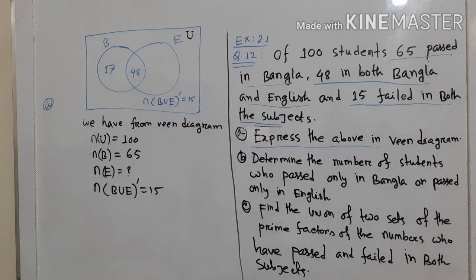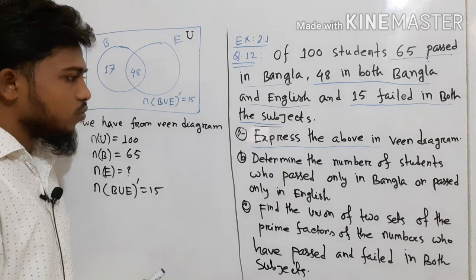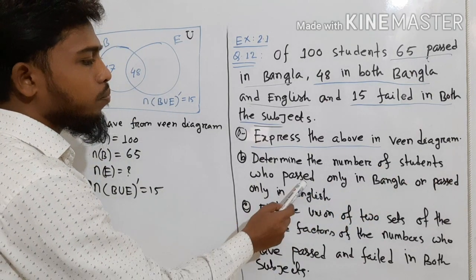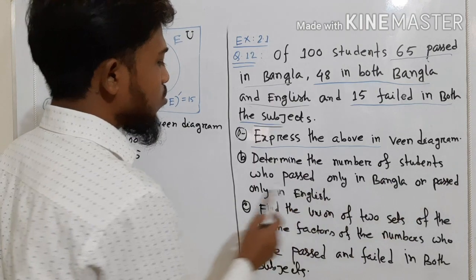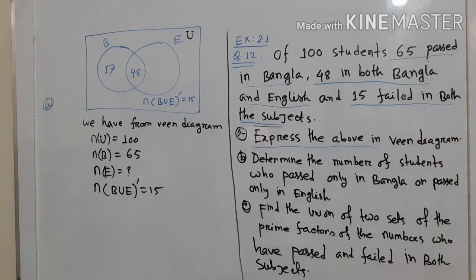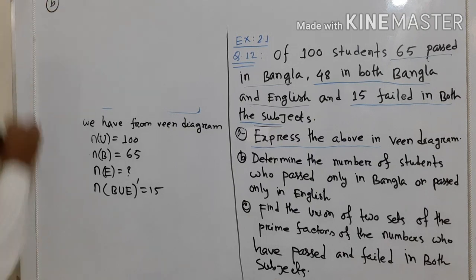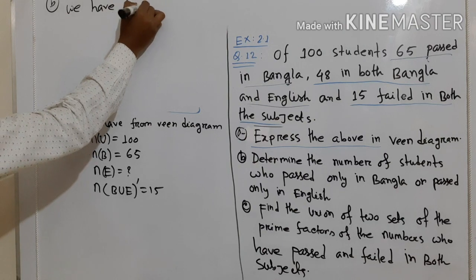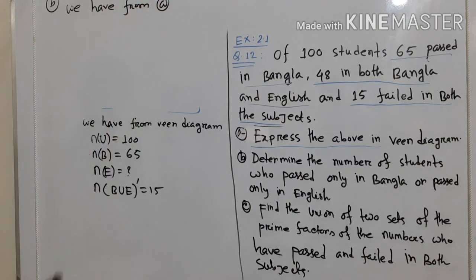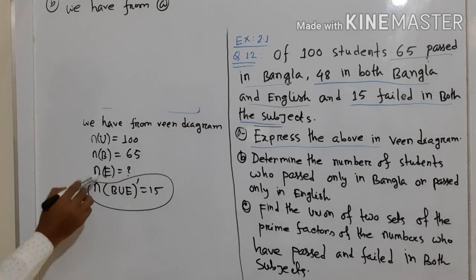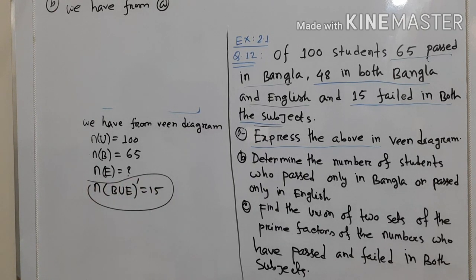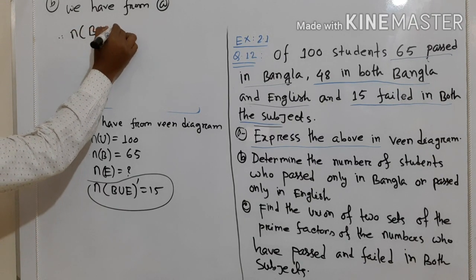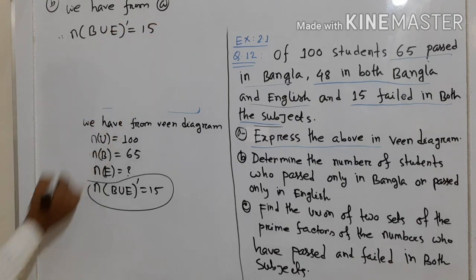Now I will solve question number 2. Determine the number of students who passed only in Bangla or passed only in English. So now look, number of B we have from number A. Here our given value: number of B union E complement equal to 15.